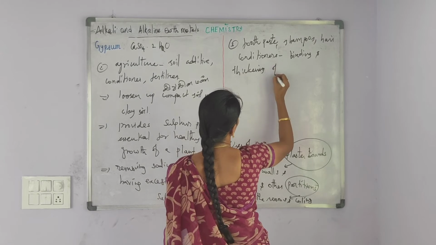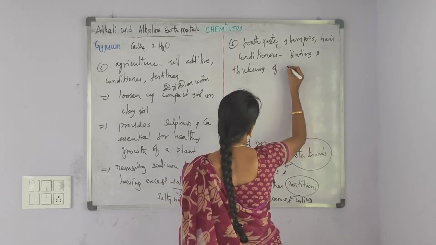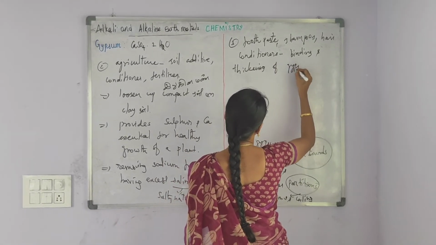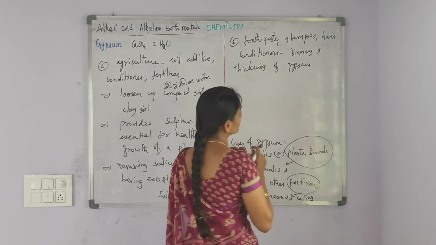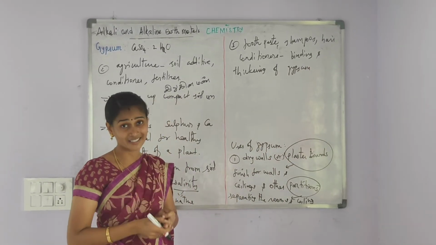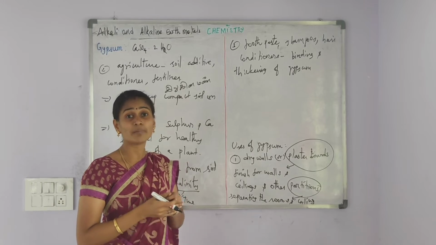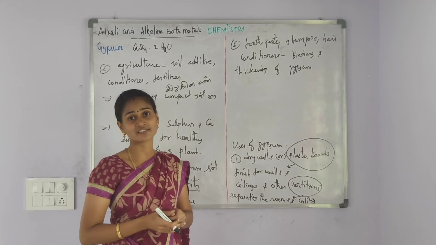It is due to the binding and thickening property of gypsum. I am repeating, gypsum is used in toothpaste, shampoos and hair conditioners. It is due to the binding and thickening properties.